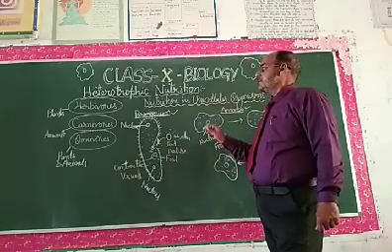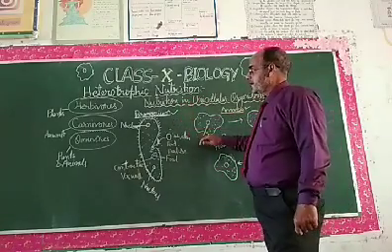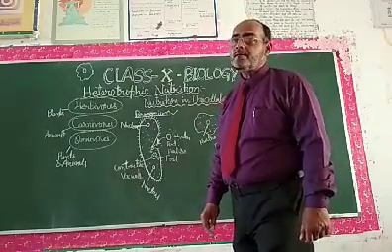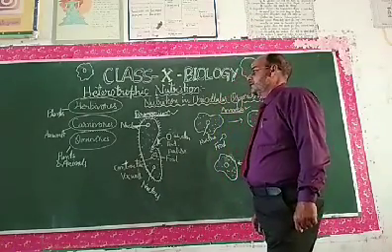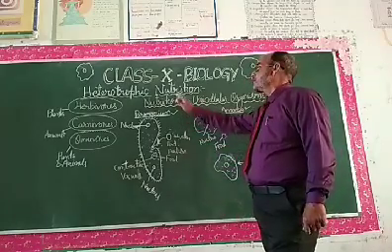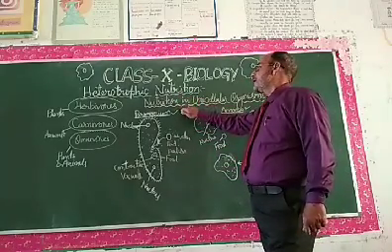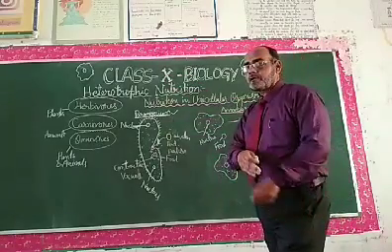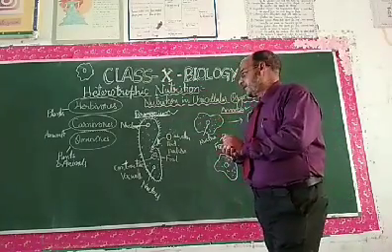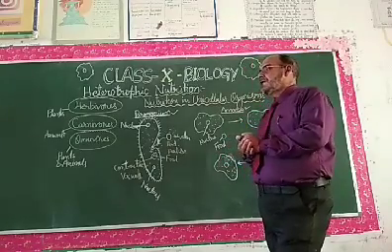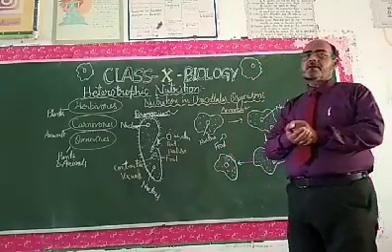So dear students, today's topic that I have taken is heterotrophic nutrition, and the first part, that is nutrition in unicellular organisms and types of heterotrophs. So you have to study it, and further we will discuss the nutrition in human.